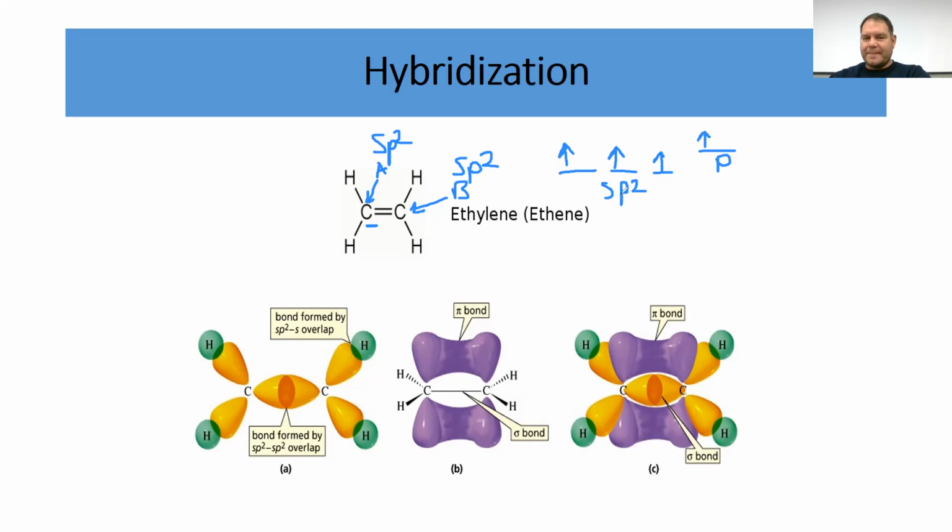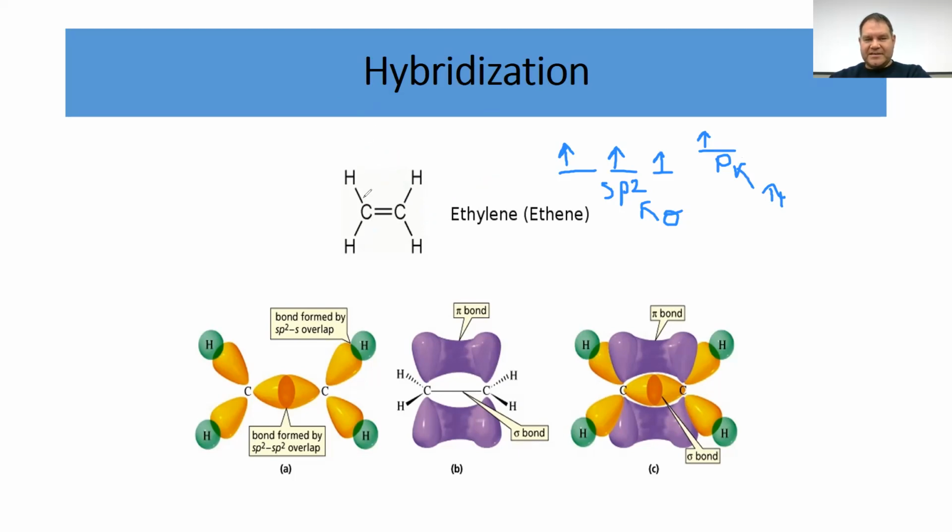As a result, the three sp2 hybrid orbitals can result in sigma bonds, and the p orbital can result in a pi bond. Okay, so this is where our pi bond is going to come into place. Now let me erase all this and go back to our ethene structure.